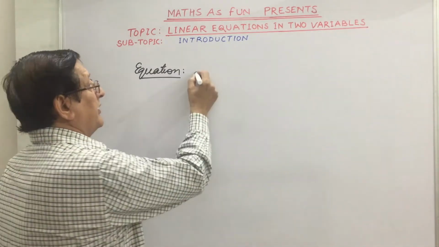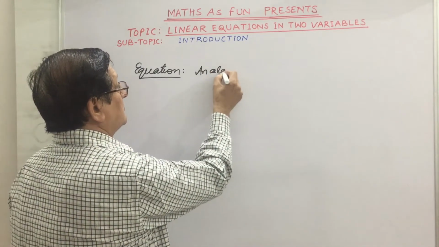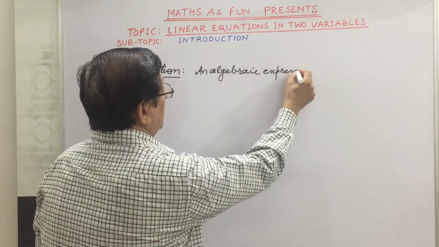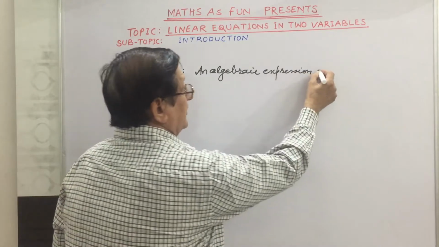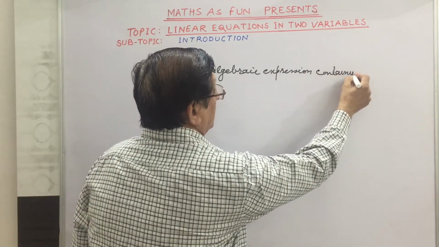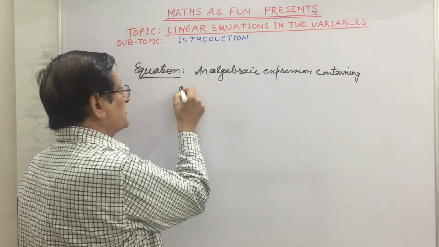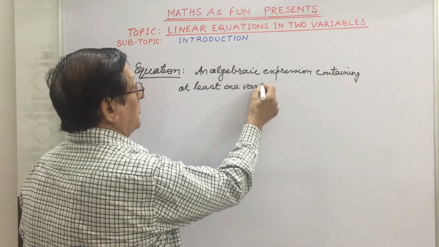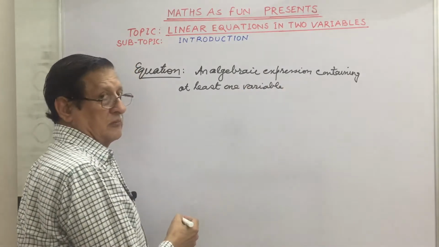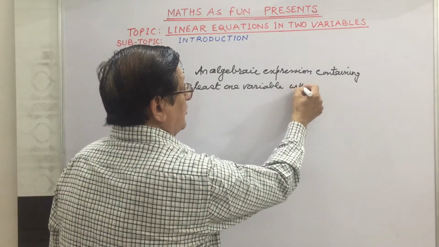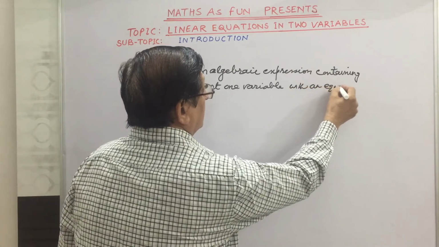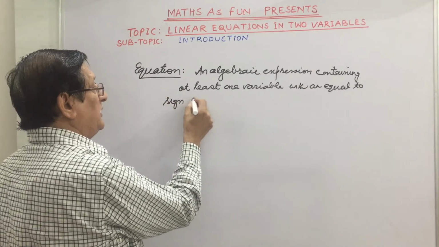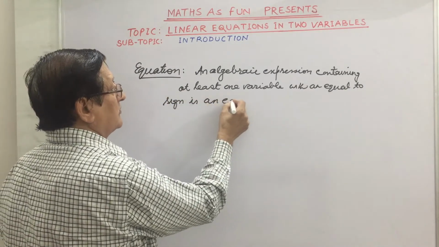Same is here, an algebraic expression containing at least one variable with an equal to sign is an equation.